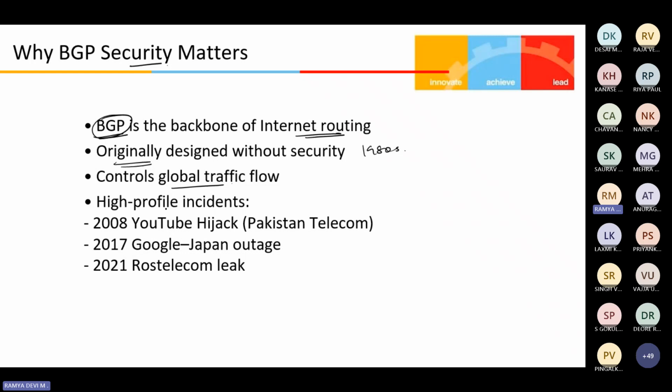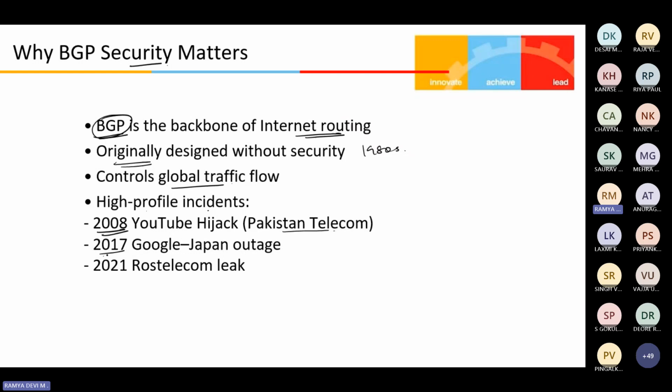It can sometimes even be misconfigured. The fourth point is high-profile incidents. There was a huge YouTube hijack in 2008, by Pakistan Telecom. Pakistan accidentally announced routes for YouTube, which took it offline globally.